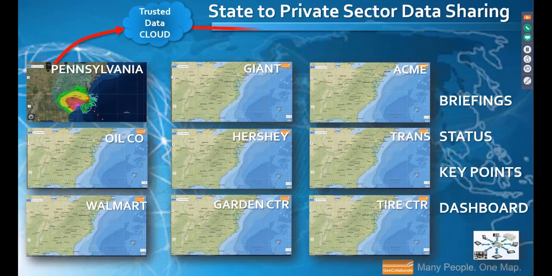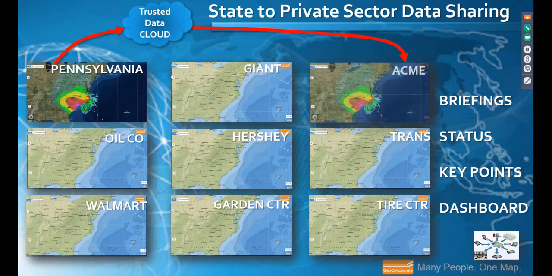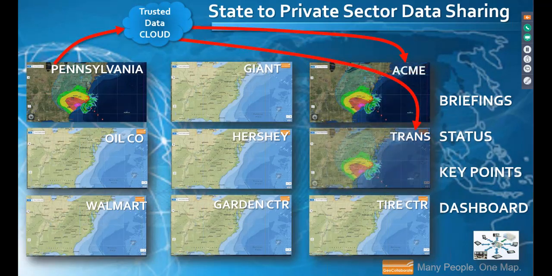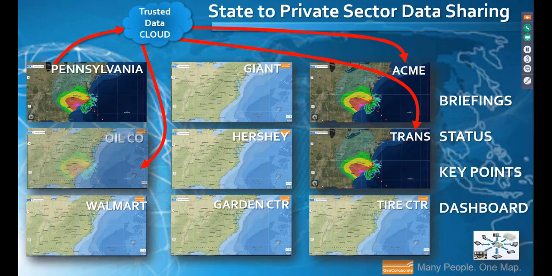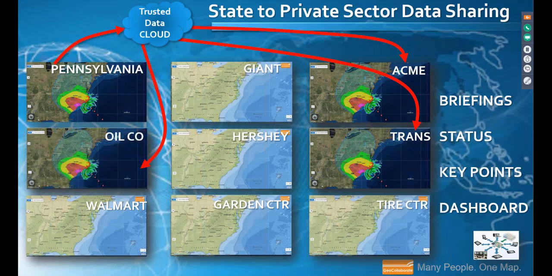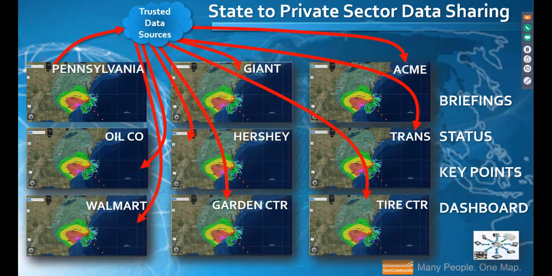So, for example, if Pennsylvania sends their data into the trusted data cloud, then anybody who turns GeoCollaborate on will also get that data in real time. And as it updates, it will also update on these follower systems, these private sector companies. And of course, if these other ones like Giant, Hershey, Garden Center, Tire Center, and Walmart turn GeoCollaborate on, then the data flows into them as well.